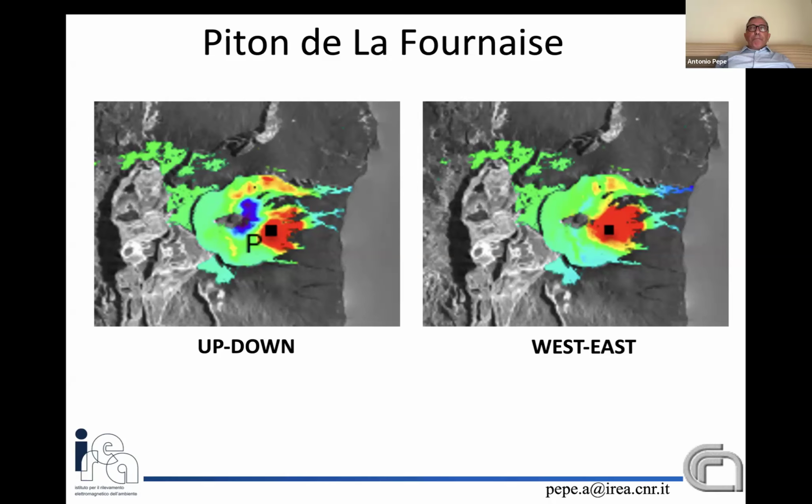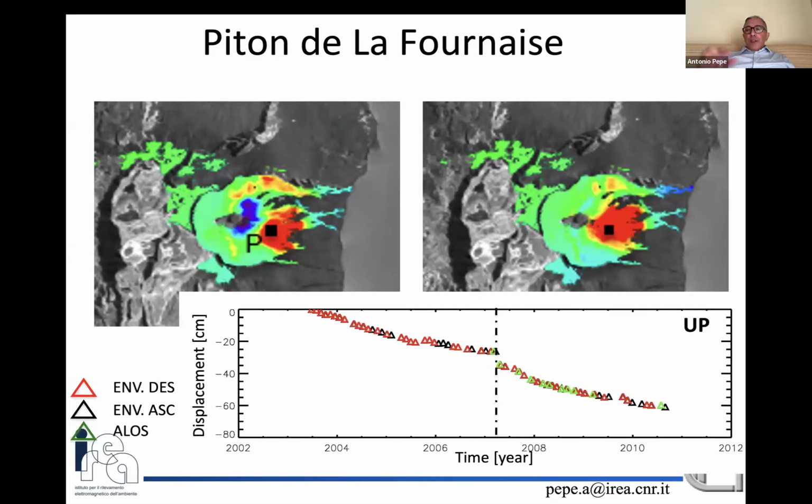We have applied this method in the last 10 years over lots of different data sets. And these are some examples. This is one example related to the area of the Piton de la Fournaise. This slide shows the ground deformation time series for the up-down directions obtained by combining ENVISAT descending, ENVISAT ascending, and ALOS data.